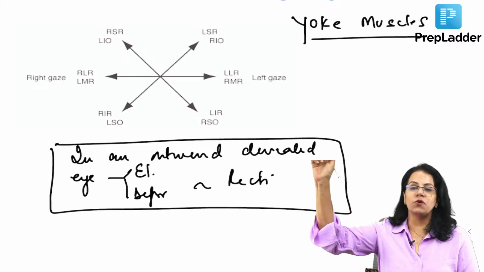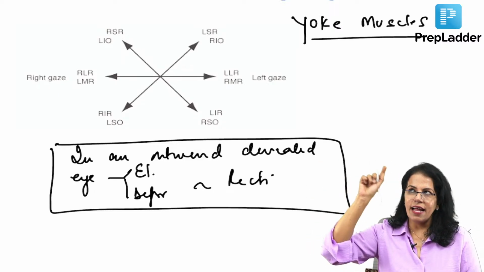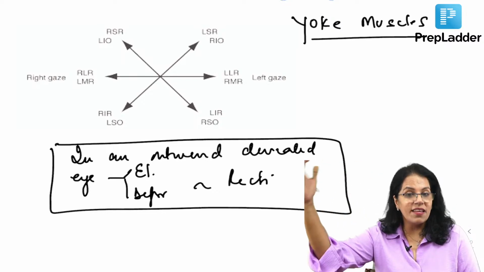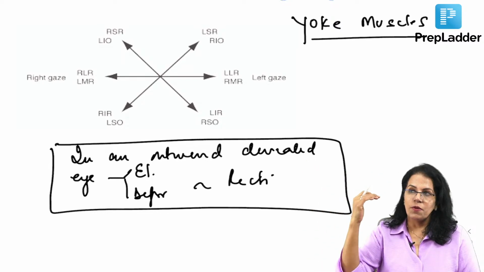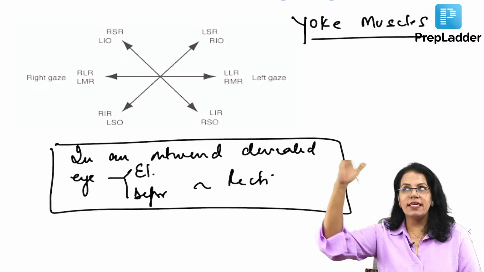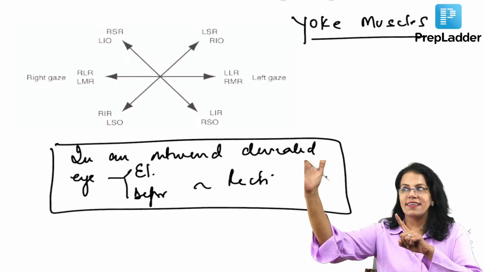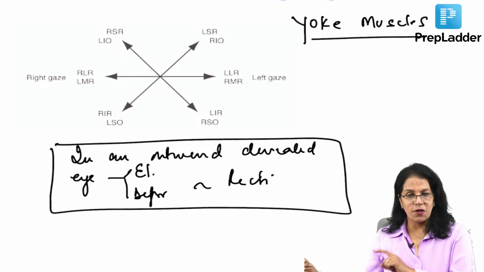So in dextroelevation, the right eye is outward. So in the outward deviated eye, this will be right. What are the muscles which elevate? It's dextroelevation. I taught this, didn't I? So superior rectus, inferior oblique. So what eye is outward? Right. So it is right superior rectus, left inferior oblique. Right? And here it will be right inferior rectus, left superior oblique.